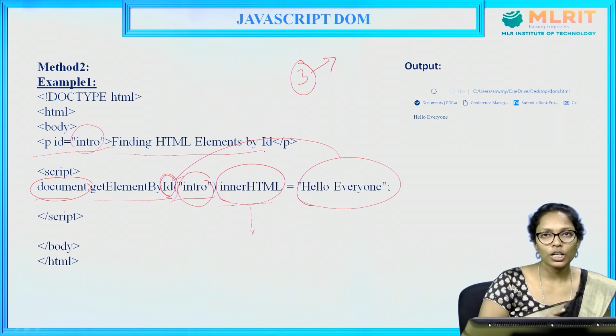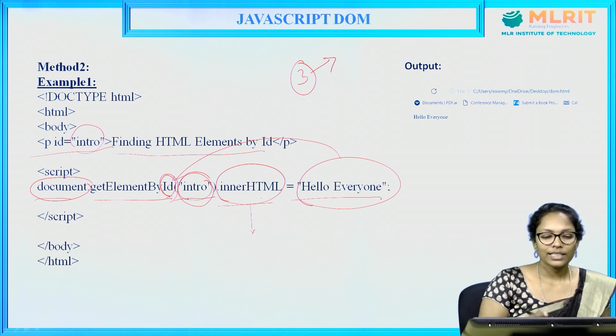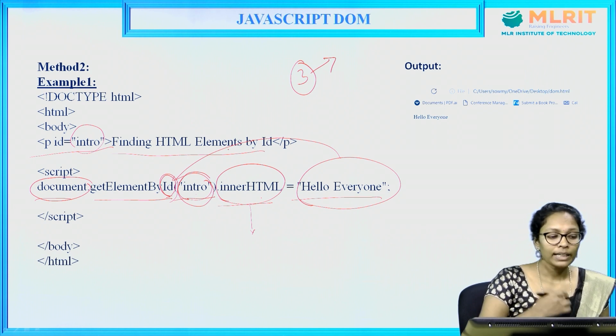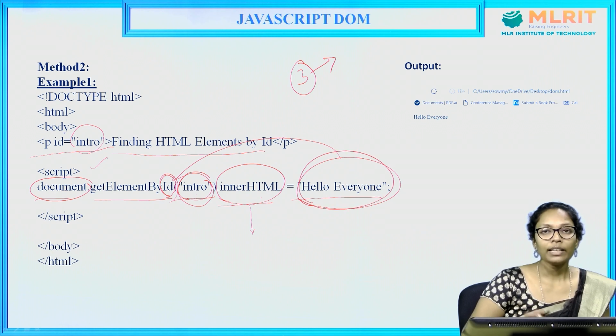Here the paragraph says "Finding HTML elements by ID". This is the initial message I should get. But I am also writing the script here. With document.getElementById, whichever element has the ID intro, change its content to "hello everyone". Actually, it is supposed to display "Finding HTML elements by ID", but in the script I am modifying that content using the ID. So what will I get? I will get hello everyone.